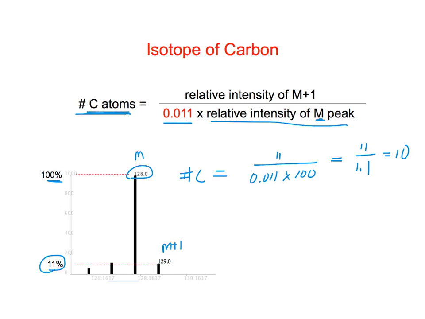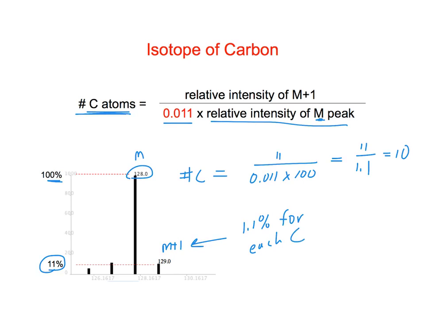Okay? And so essentially what we see is that M+1 should be 1.1% for each carbon in the molecule.